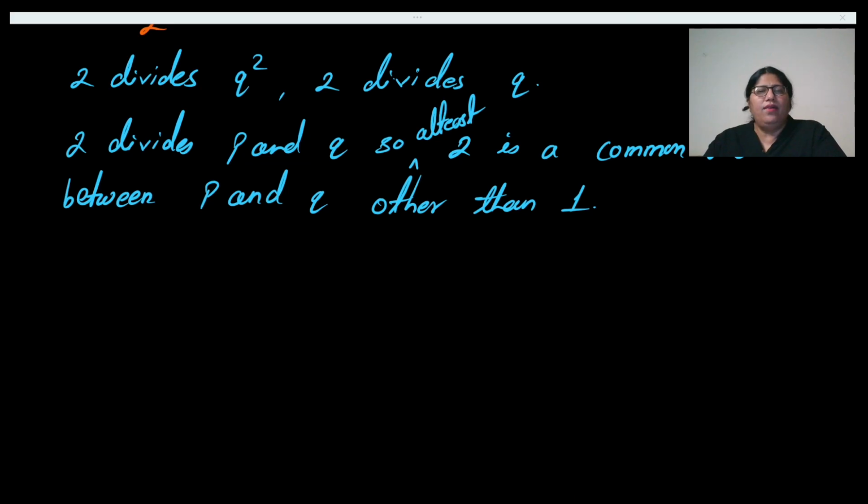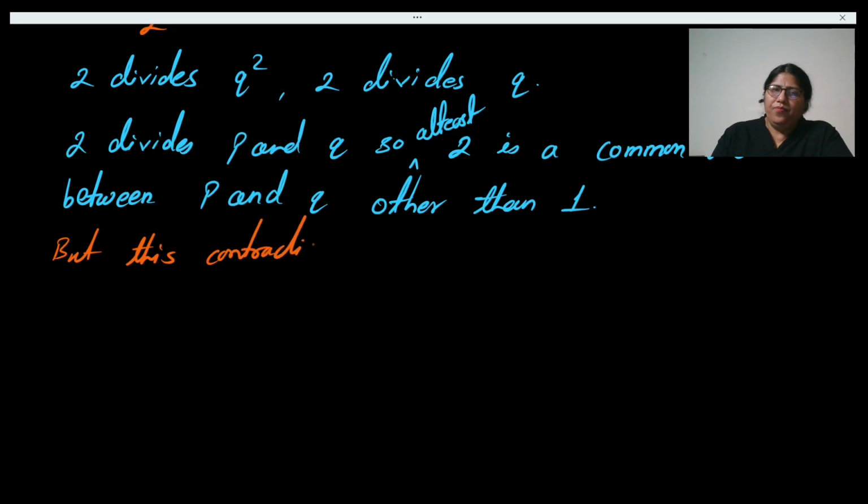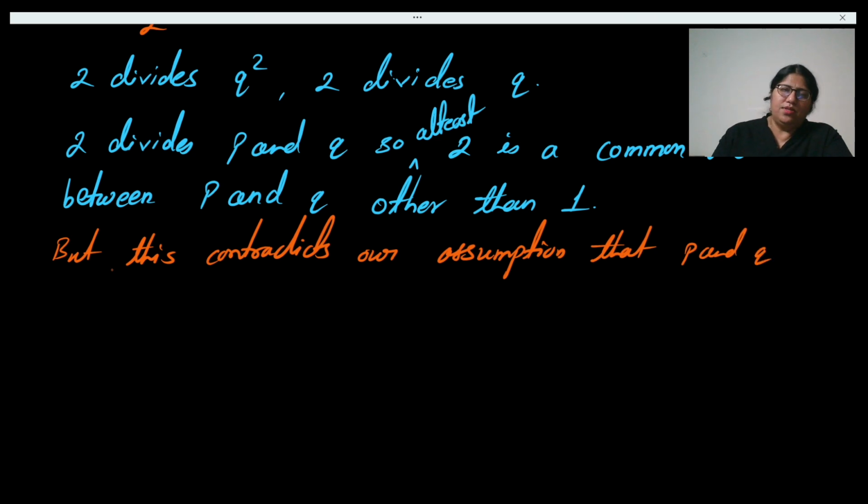So what we will write down here: but this contradicts our assumption that p and q are co-primes. You must mention this contradiction.